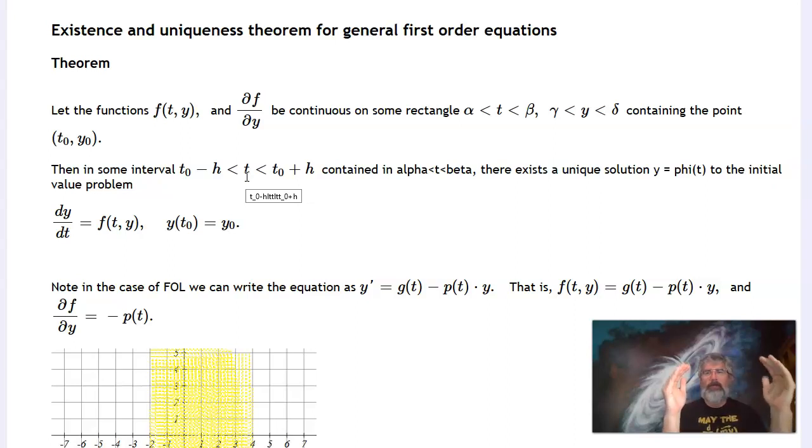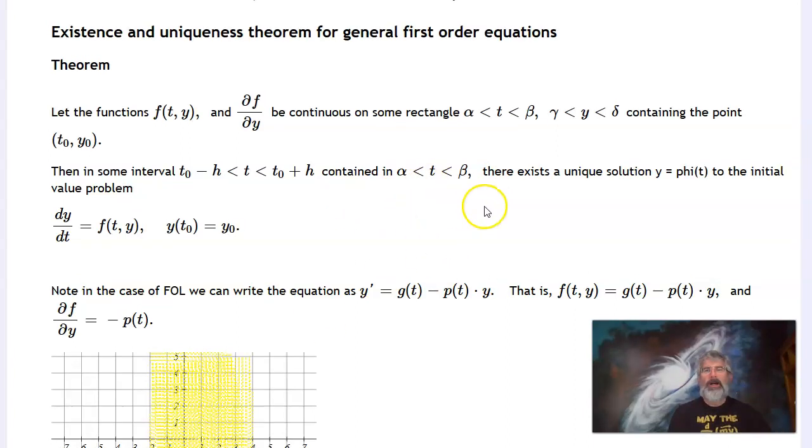Now, we had a bigger rectangle here, and I'm maybe describing a smaller interval now, right? But this has to be between alpha and beta. There, that looks better. Then there exists a unique solution, y equals phi of t, to the initial value problem, dy dt equals f of t and y of t0 is y0, okay?